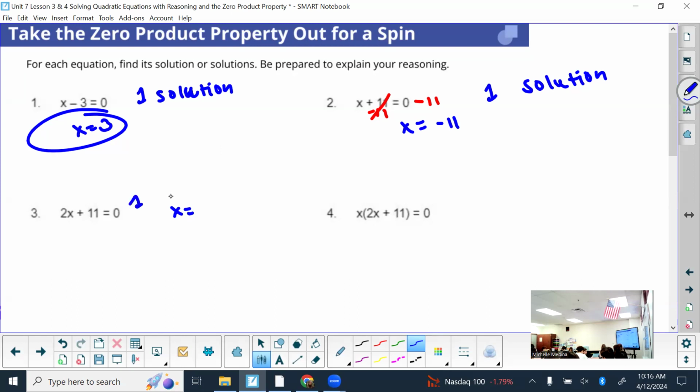Okay, so let's see. I agree with you that it's one solution. And I think, did you say 5.5 or negative 5.5? 5.5. Okay. So isolate the variable, start with what's farther. In this situation, we'd have to subtract 11 from each side first. I get 2x equals negative 11.